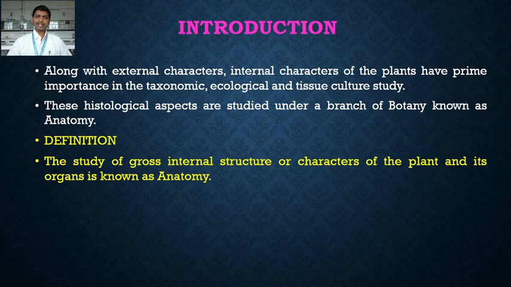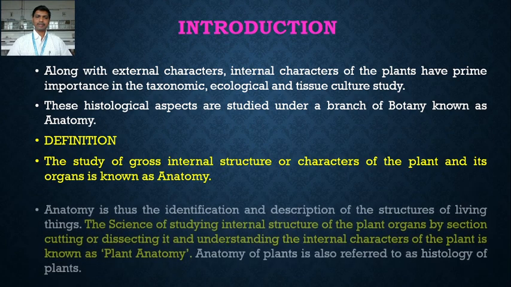Plant organs such as root, stem, leaf are the organs of the primary plant body. Now flower, fruit, seeds are formed after vegetative growth during the process of reproduction.